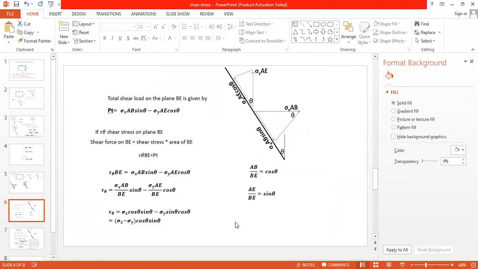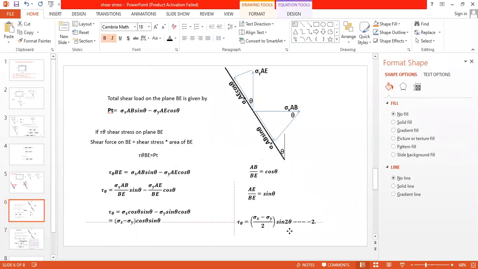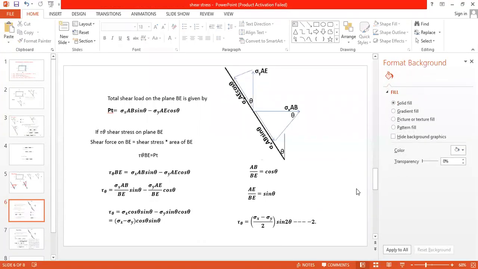This equation becomes tau theta is equal to sigma x minus sigma y by 2 sin 2 theta. This I have replaced by sin 2 theta by 2. Have you got it? Reply me. It is very important. Yes, sir. Okay. There is no any question.